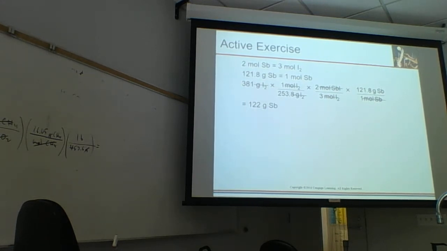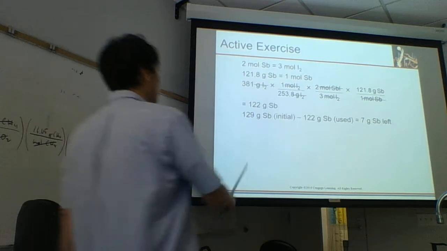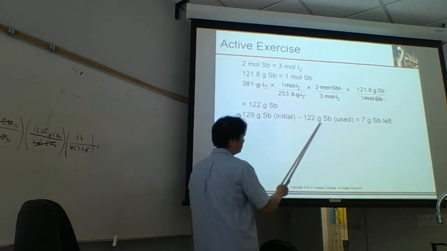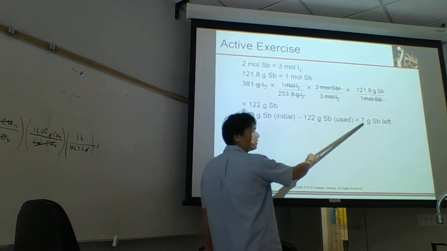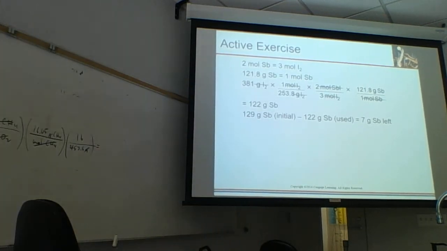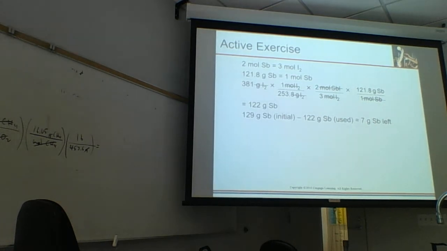And so 122 grams of antimony were consumed. And so here's the equation here. I started off with 129 grams minus the amount consumed or used, and I have 7 grams of antimony left over. So that's a standard, what we call limiting reagent problem.